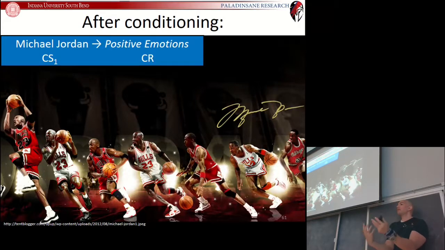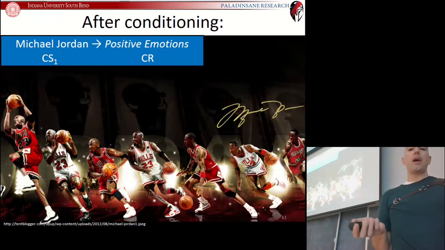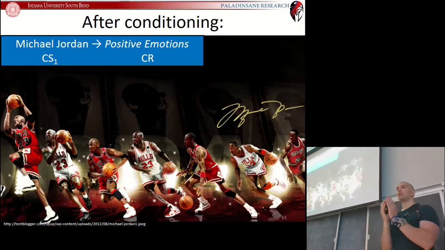They have positive emotions towards LeBron James, positive emotions towards Serena Williams because of all this success that they are attributed with. And that leads, again, to this idea of the positive emotion. So now we have Michael Jordan, who by himself, after all the dunks and all the championships, now causes positive emotions.